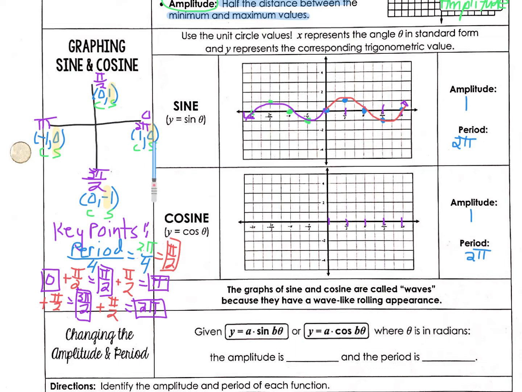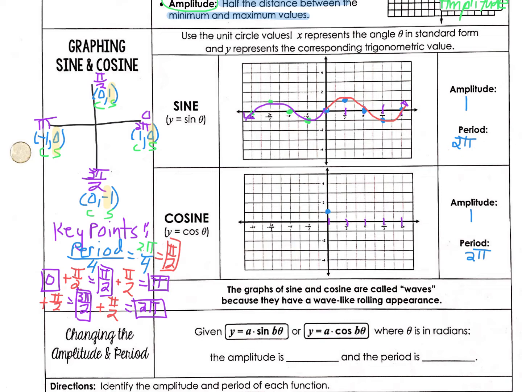Instead of being at 0 where sine was, we start at 1 when the angle is 0. So right here at 1, we are going to go up to the amplitude. The amplitude is 1. So right here we're going to go up to 1 and plot our first point. Just like the sine curve, every other point is going to be 0.